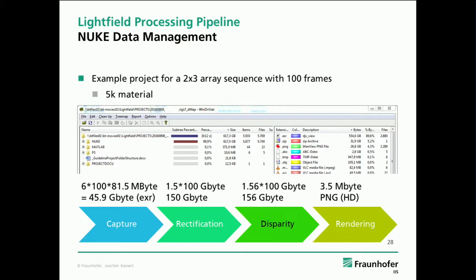So you can see even for these 100 frames with only 6 cameras, we capture 45 gigabyte. And if we go through the processing steps, it increases, of course. At the end, the final image is then only a typical 3.5 megabyte image, but you see this quite huge difference between the captured data and the final output data.